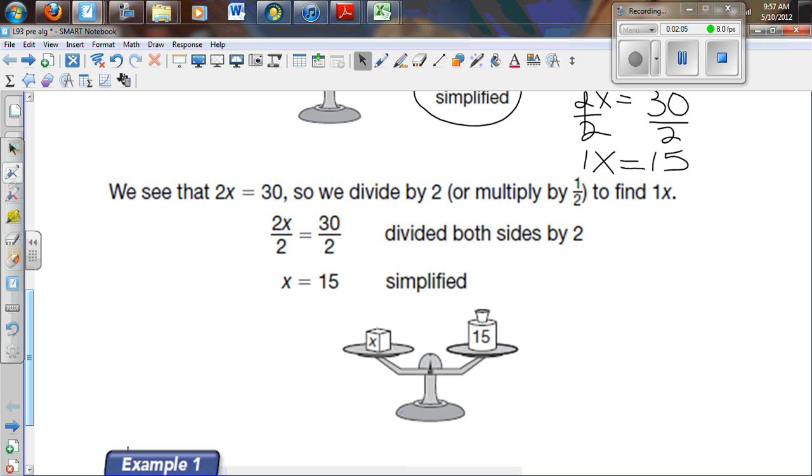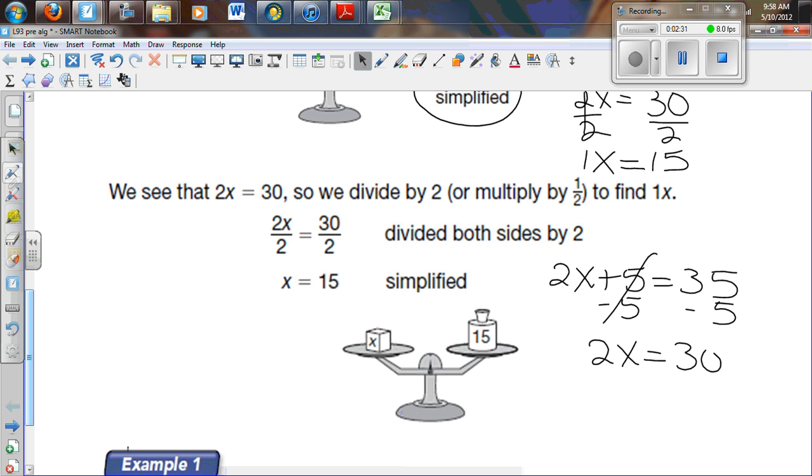Okay, so when we write and solve these equations, we're going to be solving them using 3 steps, or 2 steps now, and the third step is the answer. So if we start out with 2x plus 5 equals 35, the steps that you need to show are minus 5 from both sides, and then rewrite your equation, 2x equals 30, because these 5's canceled out, and 35 minus 5 equals 30.